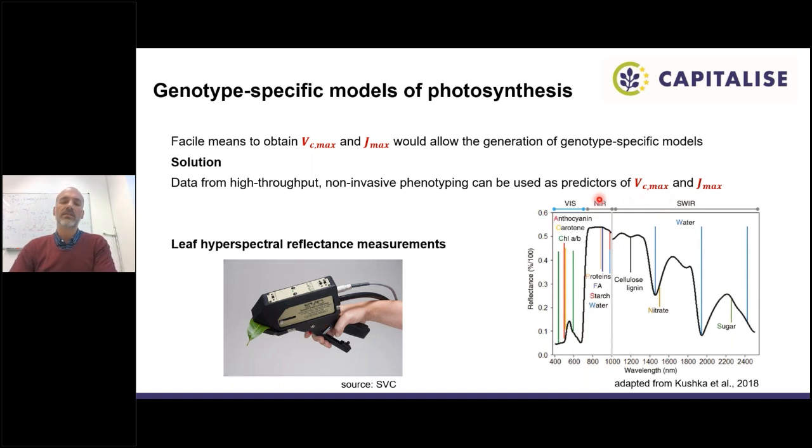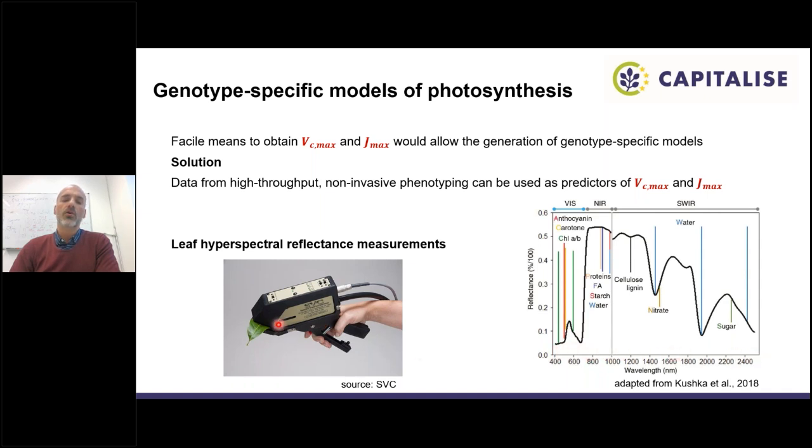One of them is given by leaf hyperspectral reflectance measurements. We are in a good position these days because we have such handheld devices which, provided a sample leaf, have the ability to generate such a reflectance spectrum for a given leaf, which captures how much percentage reflectance is being emitted at different wavelengths.